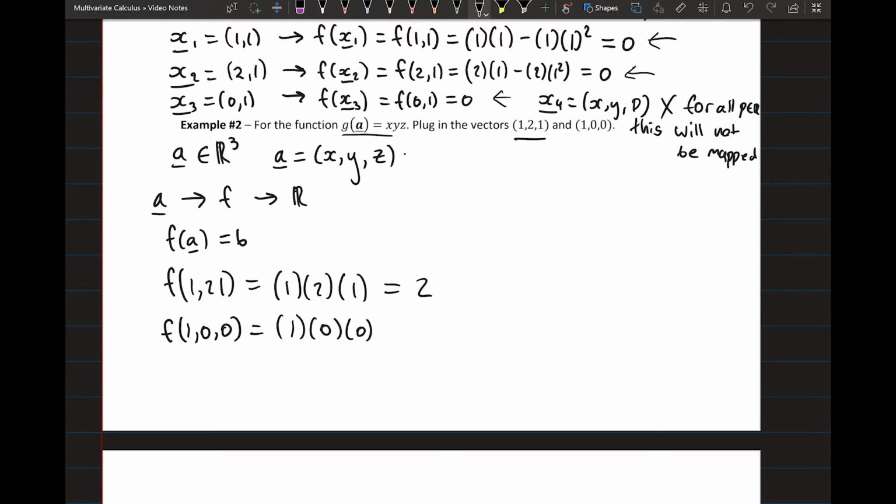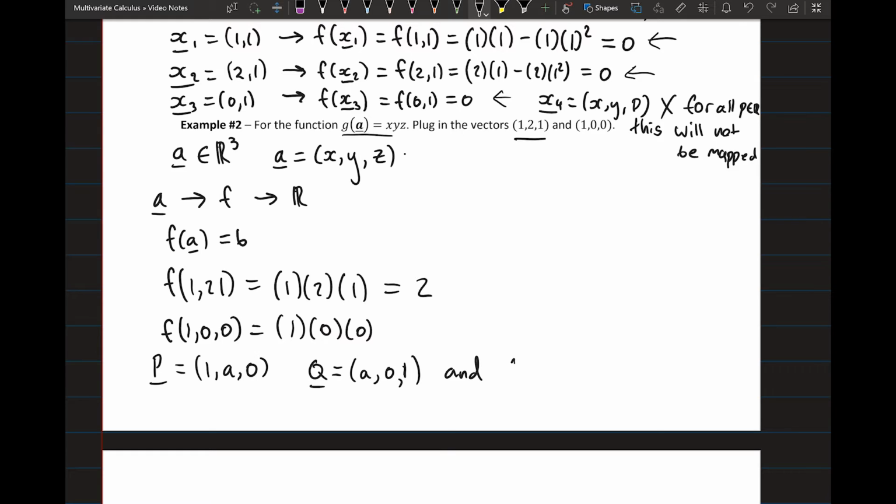And let's just do an extra problem here. Let's say I have a vector p that is equal to 1, a, 0. q is equal to a, 0, 1.